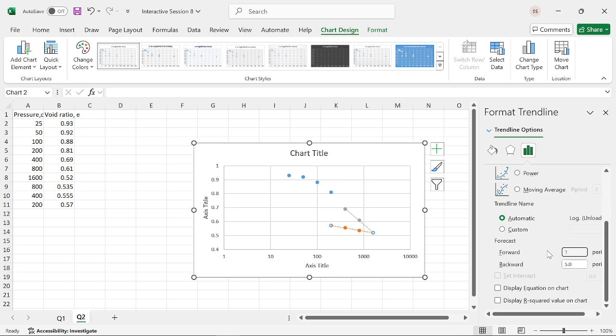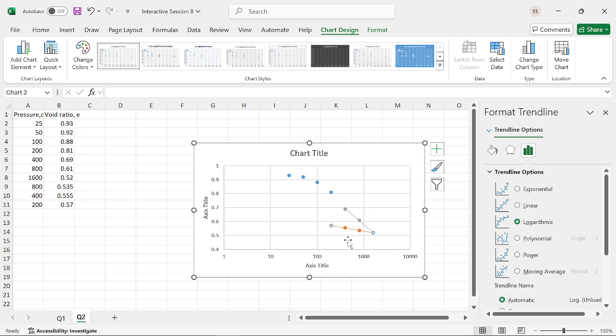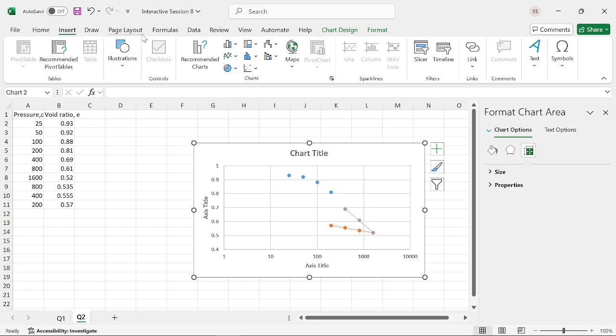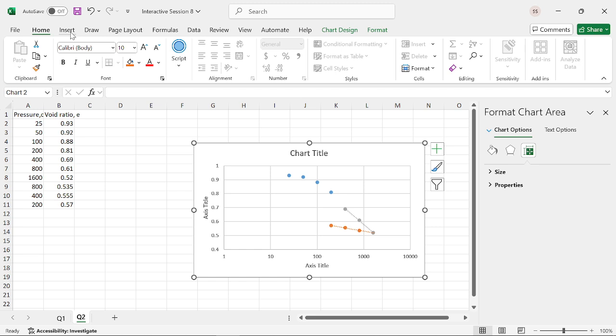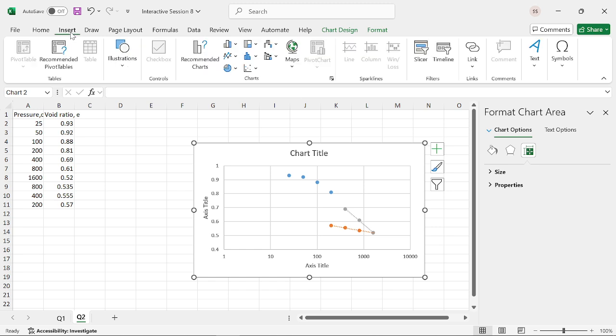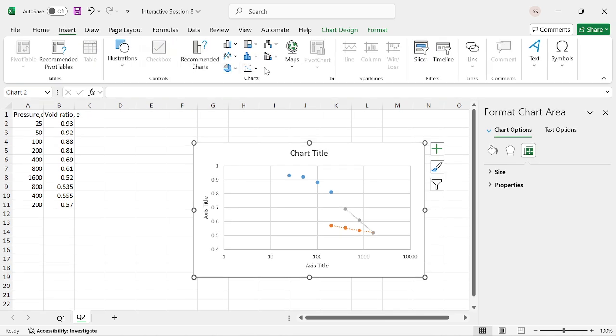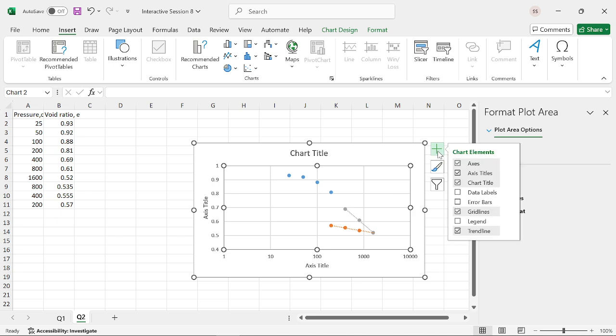What about one period? I don't know why it's not forecasting, but I think you get the idea that I'm trying to say. What we will do is we will just simply insert a line and try to align it with it, because I don't want to spend more time on trying to get it to forecast. Okay.